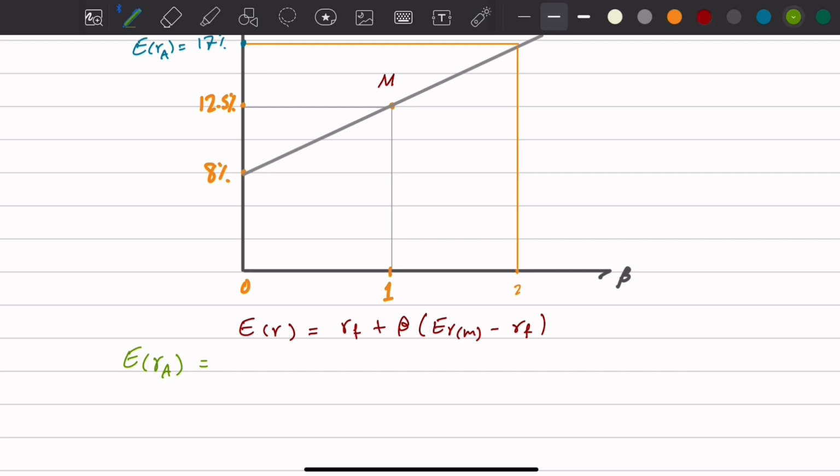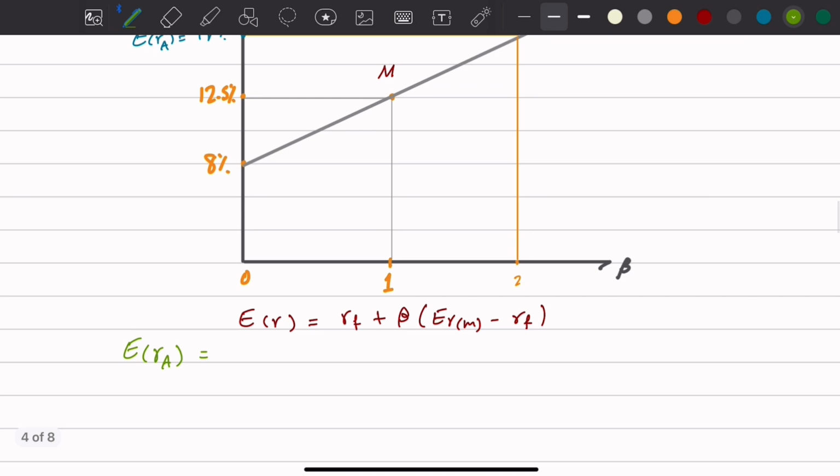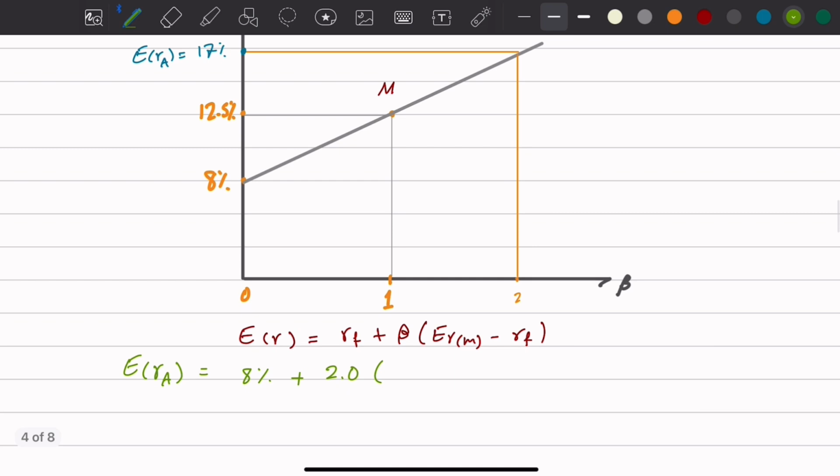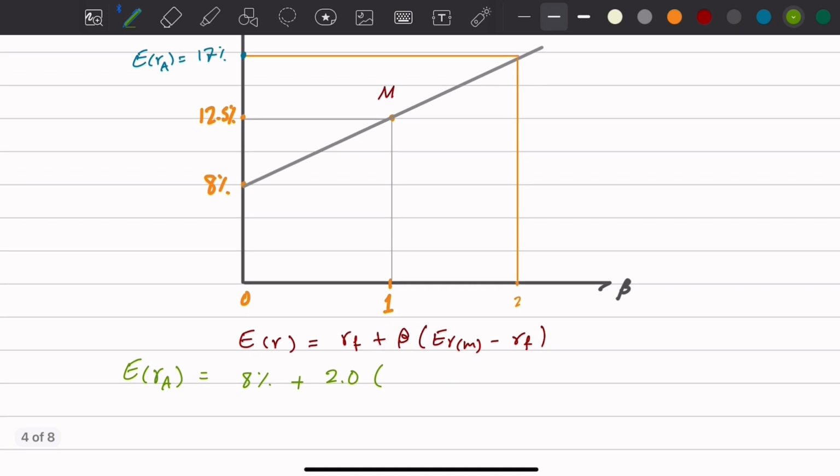Okay, so the risk-free rate, we already know it's 8%. Beta for the aggressive stock is 2.0 multiplied by the expected return on the market, which we already calculated to be 12.5%, minus the risk-free rate again.